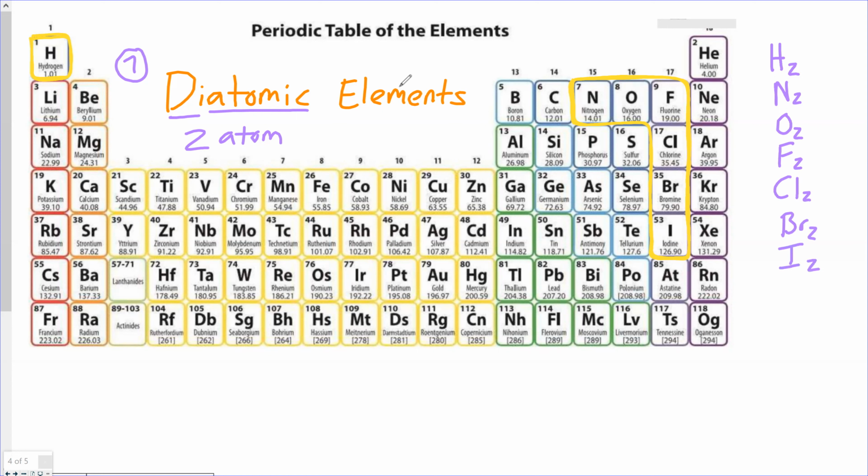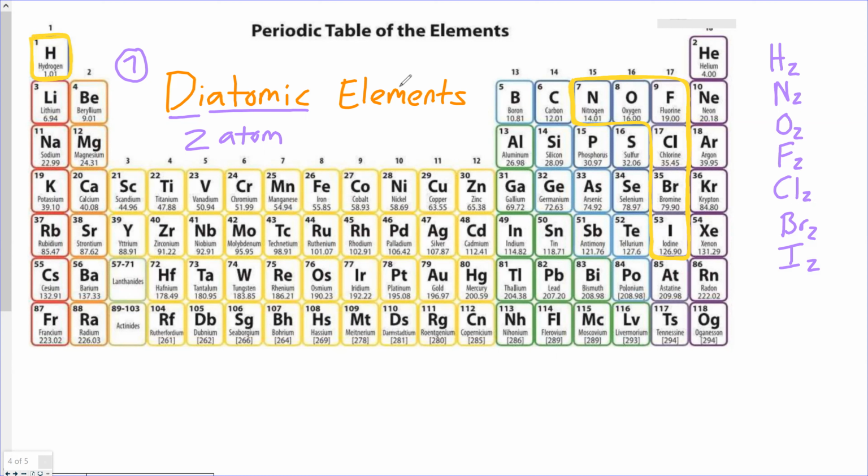You don't have to say dioxygen or dihydrogen or diiodine. It's just chlorine because they just come that way. It's just a twin.